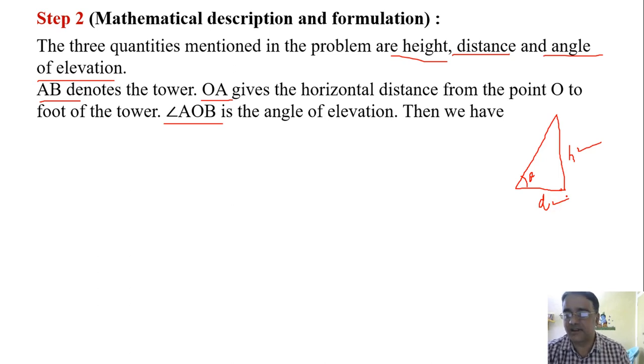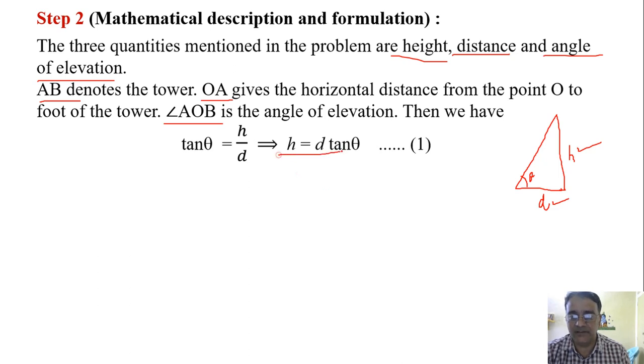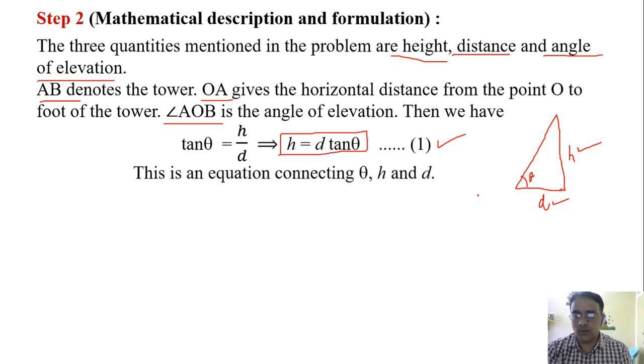That is tan theta. So tan theta is equal to H by D. From that we get H is equal to D tan theta. Let it be equation number 1. Now the value of D is given, that is 450, and theta is also given, 45 degrees. This is the equation connecting these three quantities, that is height, distance and angle.